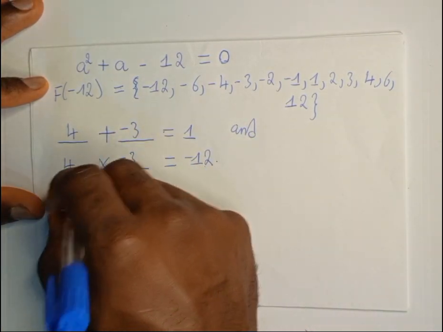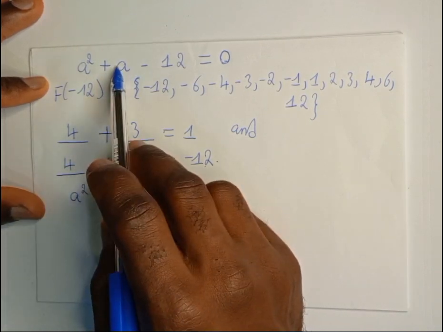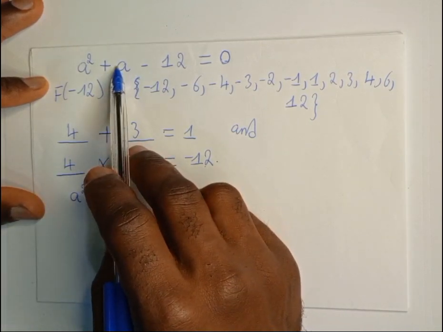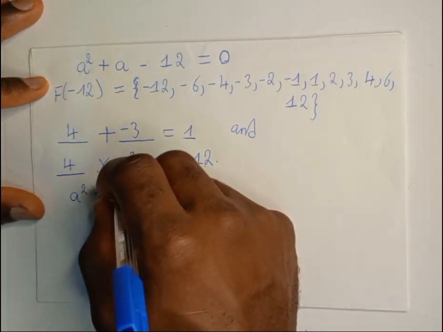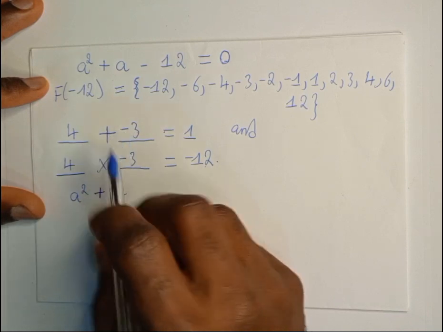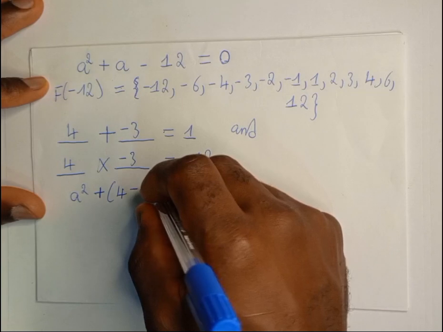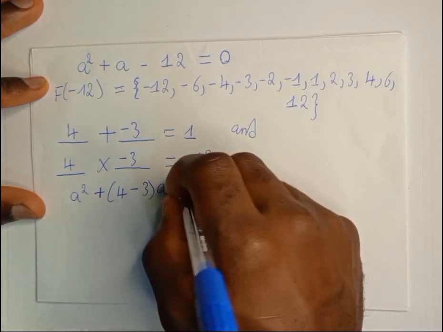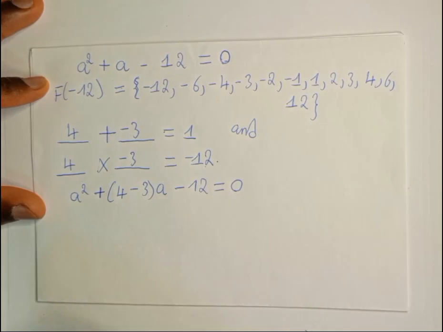This will give us a squared plus, we know the coefficient of a is 1. We are going to replace 1 with 4 plus negative 3. We know positive, negative, negative stays. 4 minus 3 times a minus 12 is equal to 0.